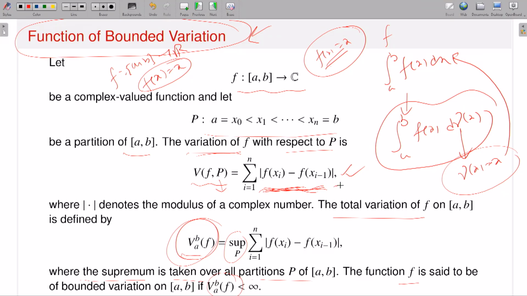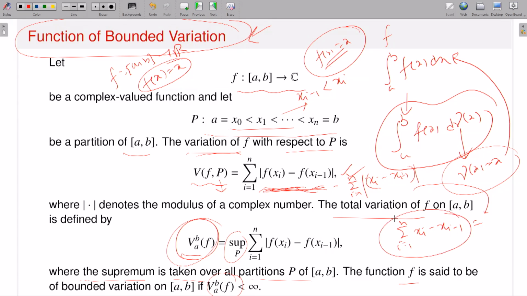Look, this is exactly equal to the sum from i = 1 up to n of |f(x_i) − f(x_{i−1})|. F of x_i means this should be x_i minus x_{i−1}, right? And this is the absolute value, but this is my partition, so x_{i−1} is always less than x_i. Therefore it will give you the sum over i from 1 up to n of x_i − x_{i−1}. This is positive. Then the cross terms get cancelled.